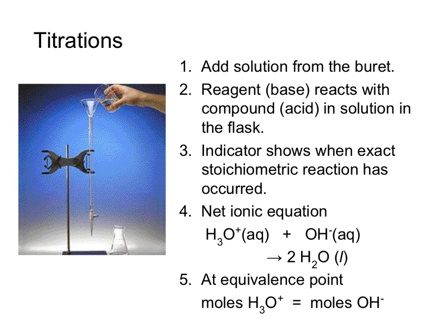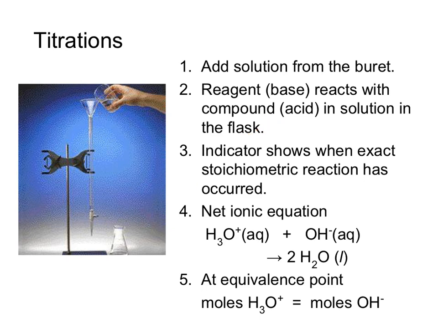And so when you're physically in the lab carrying out this process, you start by adding solution into the burette. Typically you would want to use a funnel because the burette openings are fairly small. And then we would add our solution from the burette into our sample of acid, and then the reagent, in this case the base, would react with the acid that's in the flask.